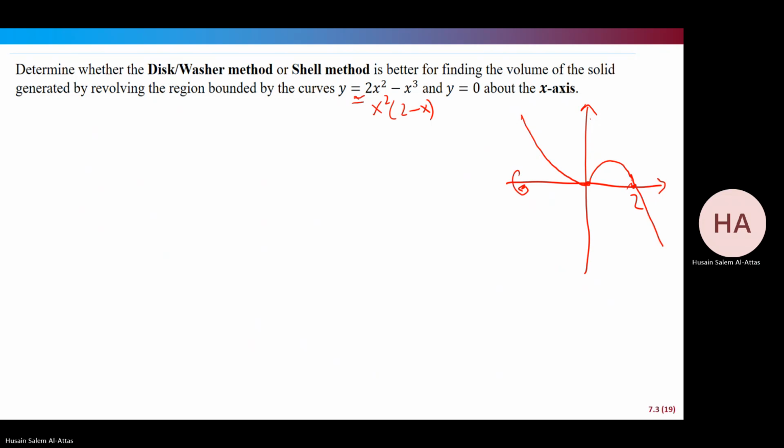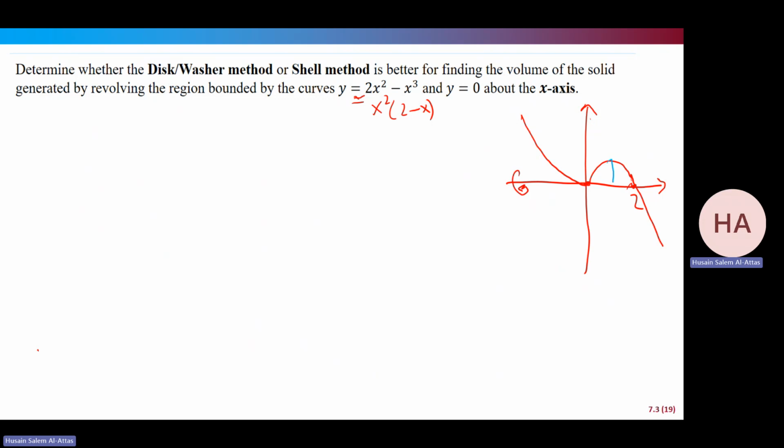And they want rotation about the x-axis. Now I need to think about the line. If I use the shell method, then I need to take the line parallel to the axis of revolution. That is not good, because I need to find this function in terms of y, which is not easy to do. So the best way is taking the line perpendicular to the axis of revolution.